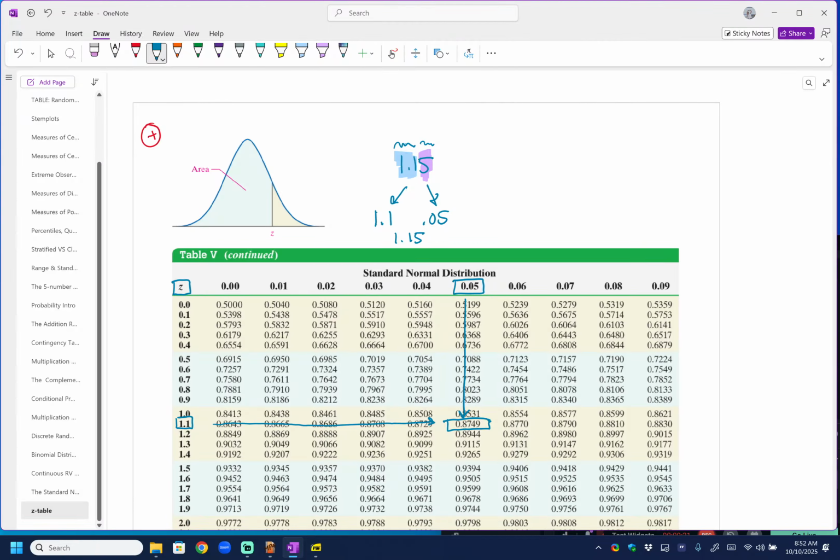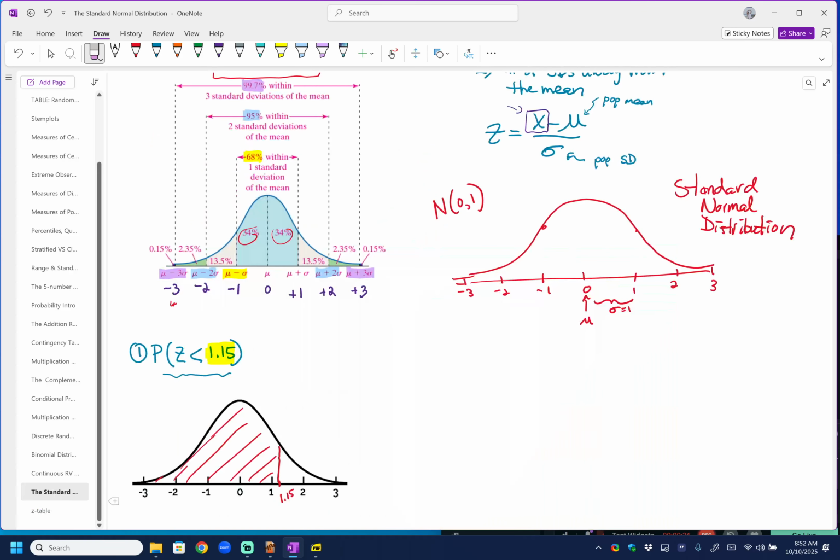Every single area that is in the body of either side of this table will always be the area below the z value that you look up, which means in our problem here, where we have shaded the area below our value of z, 1.15, we have now determined that this area is 0.8749. Let's try one more of these before we talk a little bit deeper about what this means for us.